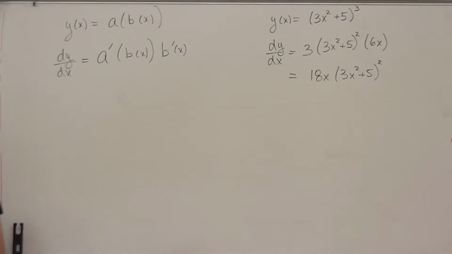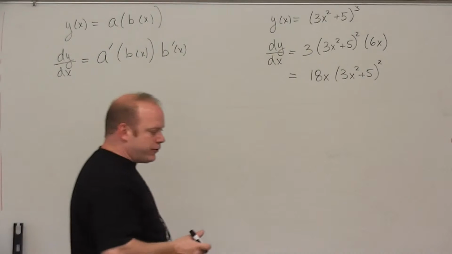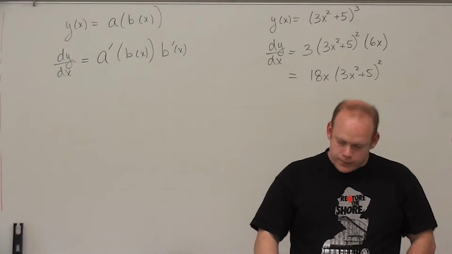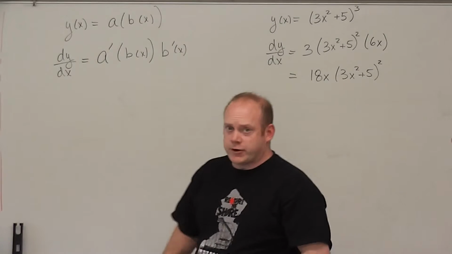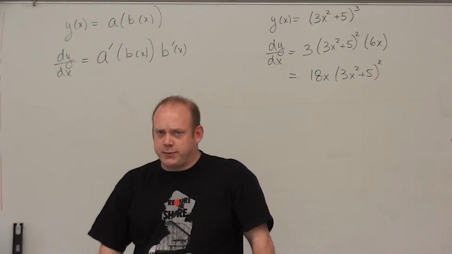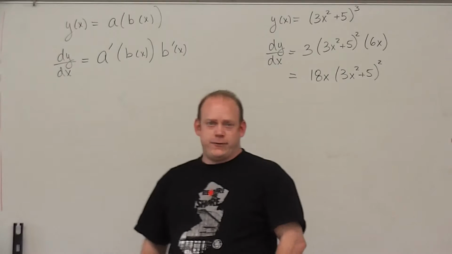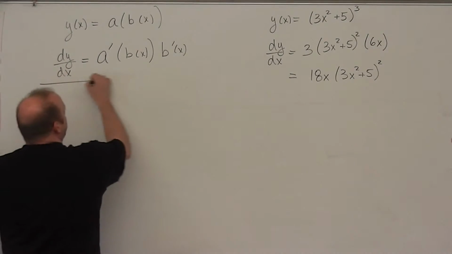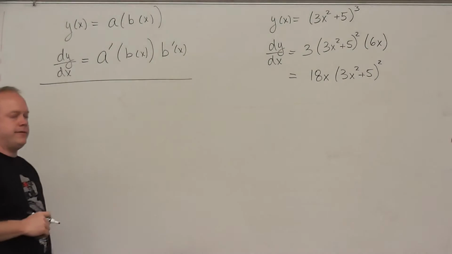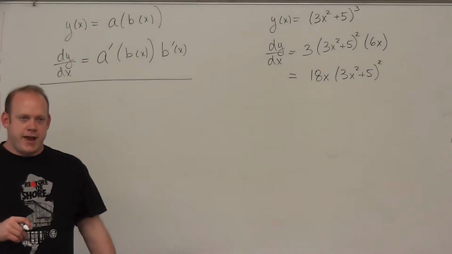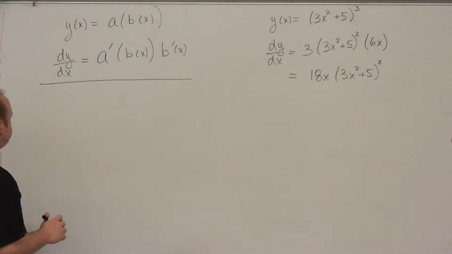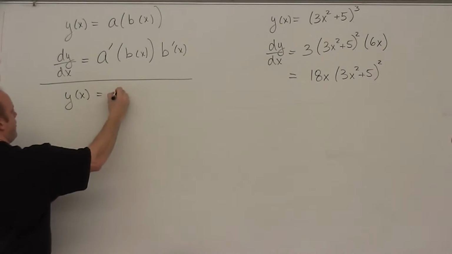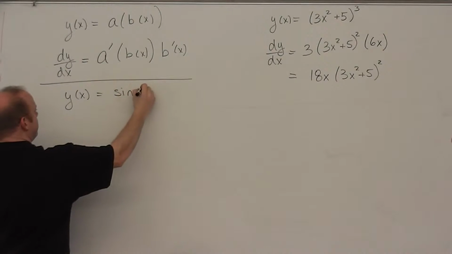I'm going to take a look at a couple other chain rules once we get into some of our trig functions and our exponentials. Okay. So speaking of which, let's take a look at the derivative of cosine and sine. We're not going to worry about the derivative of tangent. It doesn't really come up very much, and it's kind of complicated. So now, let's just say that y of x is equal to sine of x.